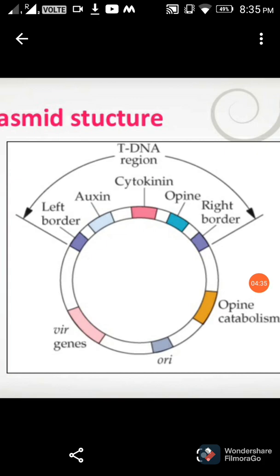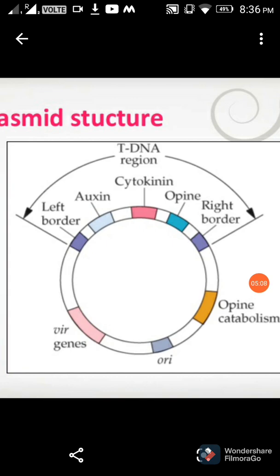Some portion of this tDNA region will be removed, and we can insert our gene of interest, our DNA of interest, into this portion. And when Agrobacterium tumefaciens inserts this TI plasmid into the plant, then when it replicates, our gene of interest, our DNA of interest, will also get replicated, because we see here the presence of the origin of replication in the TI plasmid. So this is the overall structure.